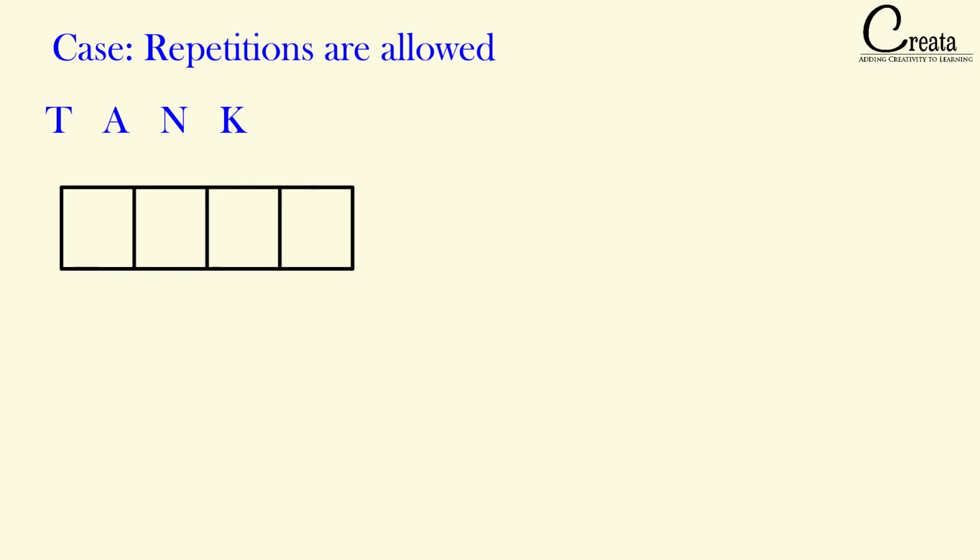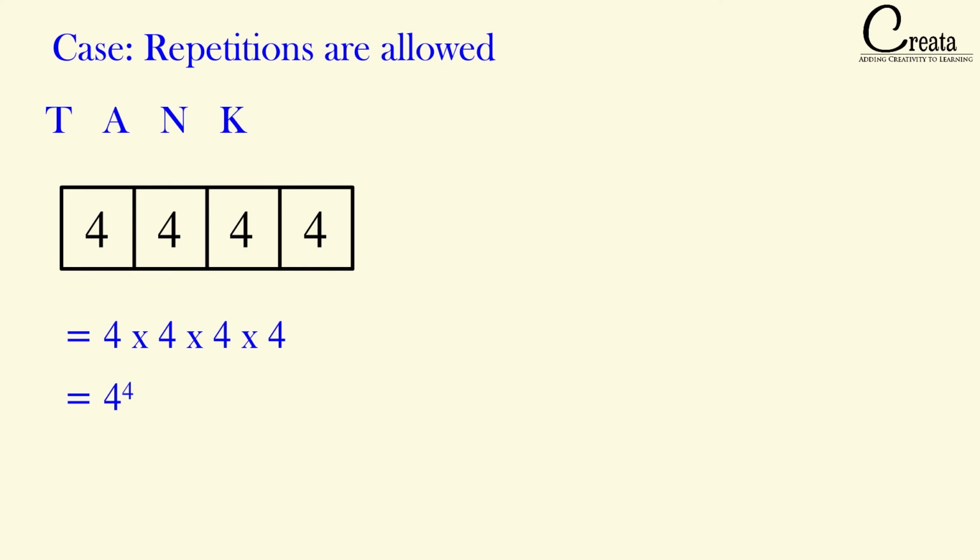Here the condition is that repetition of the letters is allowed. So let's apply the counting method. In the first slot we can fit in 4 letters. In the second slot, as repetition is allowed, we can again use the 4 letters. In the third and fourth slots also we can use the 4 letters. So we get our answer as 4 into 4 into 4 into 4, that is 4 power 4.